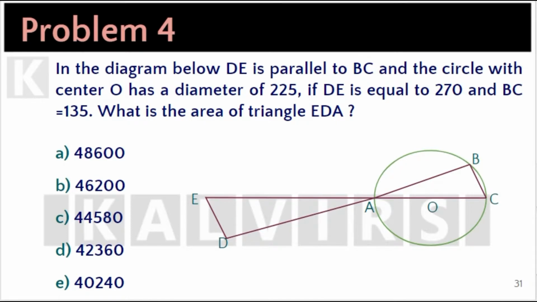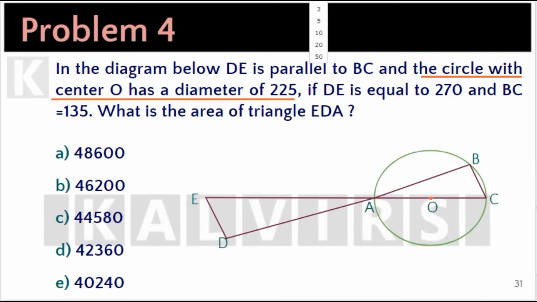In the diagram below, DE is parallel to BC and the circle with the center O has a diameter of 225. If DE is equal to 270 and the BC is 135, what is the area of triangle EDA? So, first of all, we know that the center of the circle is O and that AC is a diameter.